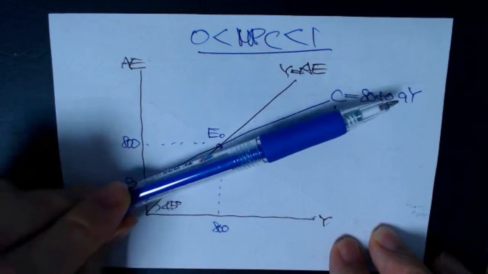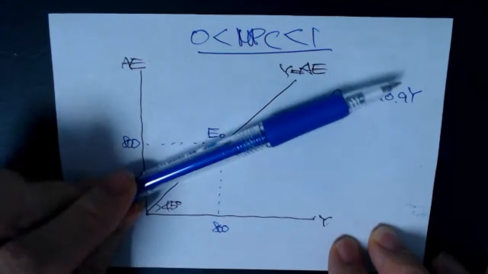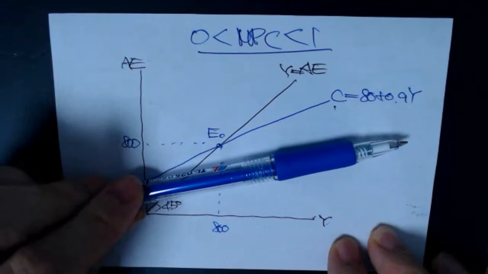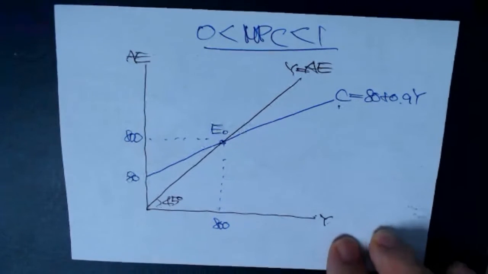So whatever the marginal propensity to consume is, the consumption function always crosses the 45-degree line once, at the equilibrium condition.